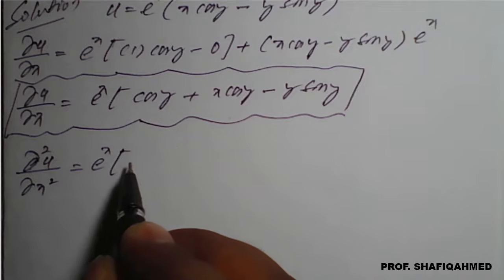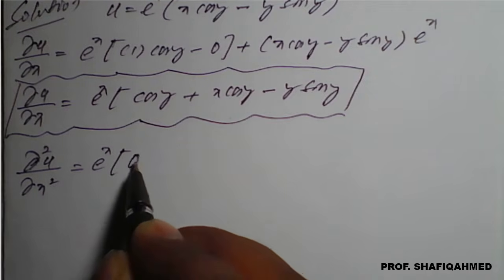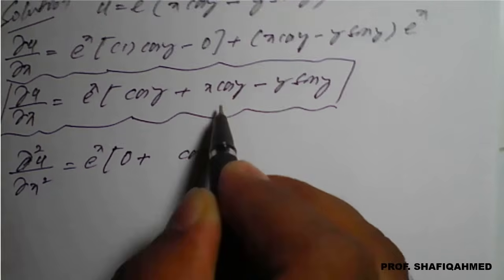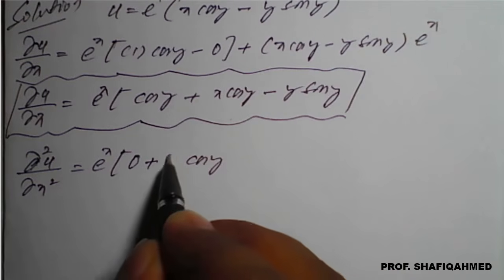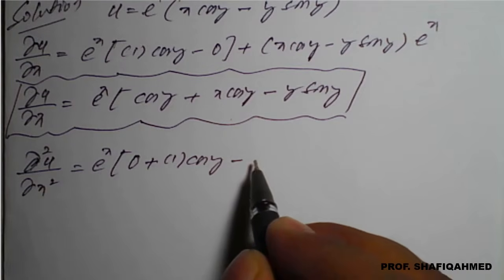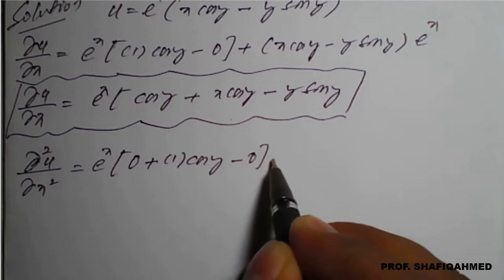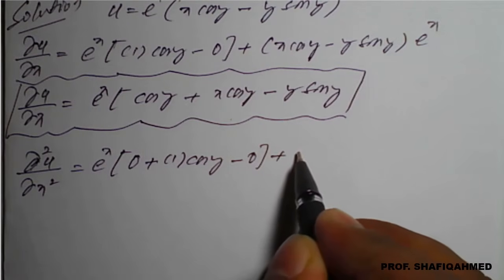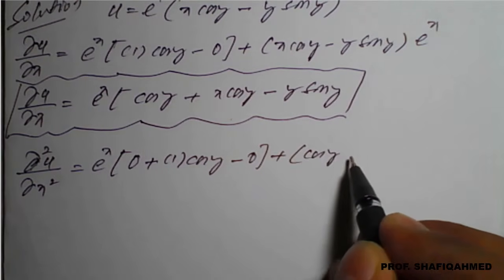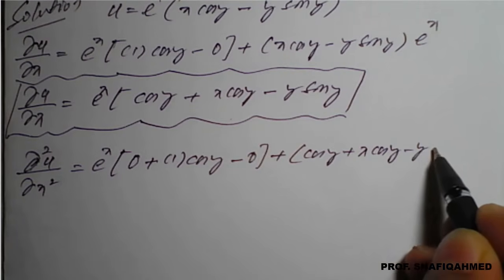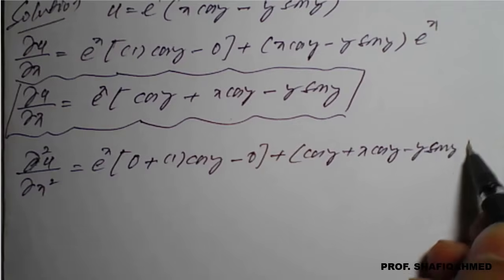The partial derivative of cos y with respect to x is 0, plus cos y as it is, partial derivative of x is 1, minus y sin y with respect to x is 0, plus keep the bracket as it is, that is cos y plus x cos y minus y sin y.